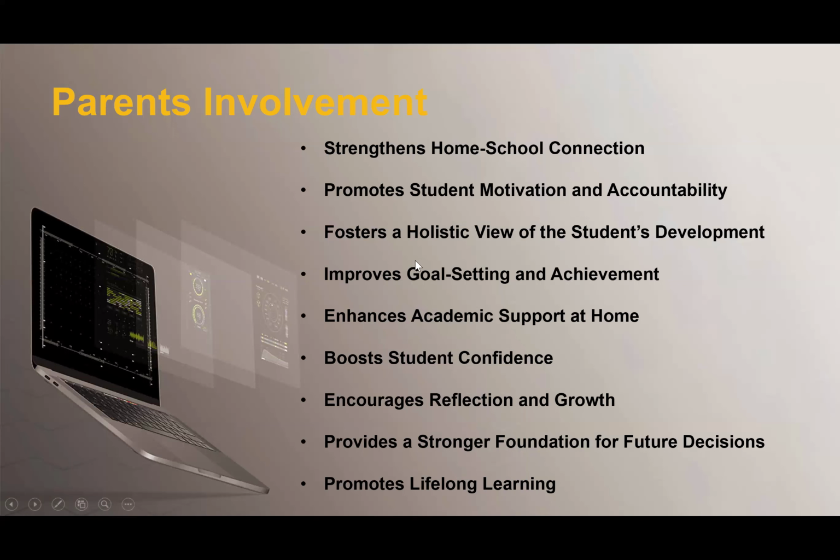The fourth one improves goal setting and achievement. With parents involved in the goal setting process, students are more likely to set realistic, achievable goals that are both academically and personally meaningful. This collaborative effort also helps parents feel invested in their child's success.